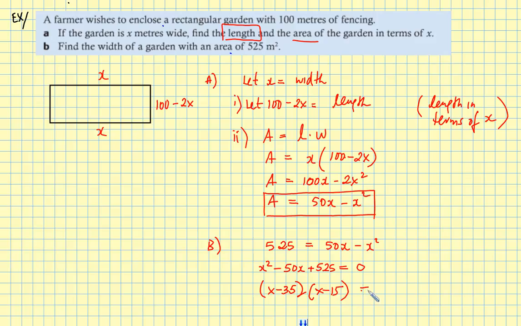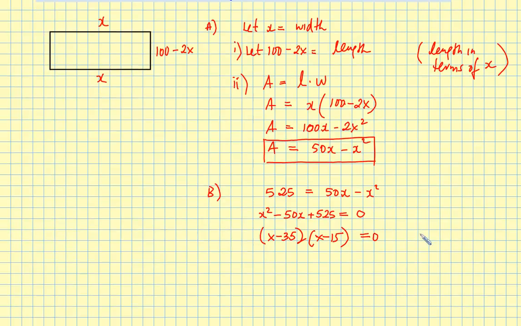Now, I could have done several things here, but I chose to use sum and product because I knew what the factors would be. However, if you don't know that the factors are 35 and 15, there is nothing stopping you from using either the quadratic formula or even completing the square, although I don't highly recommend completing the square because you're just going to get very large numbers here.